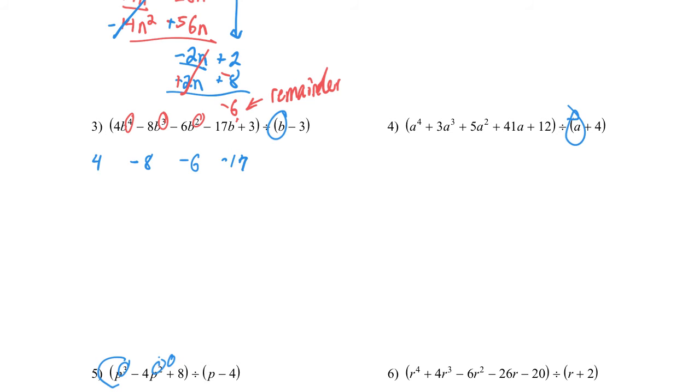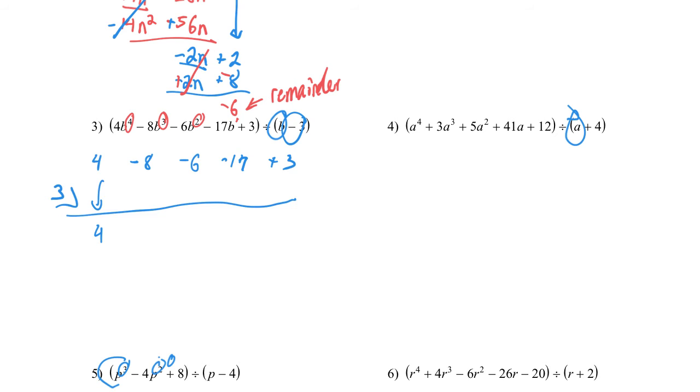all the coefficients rather, and then leave a space for a row of numbers, put a box, change the sign of whatever this number is, that's minus 3, so it's going to be positive 3 here, and then drop down and start multiplying and adding.